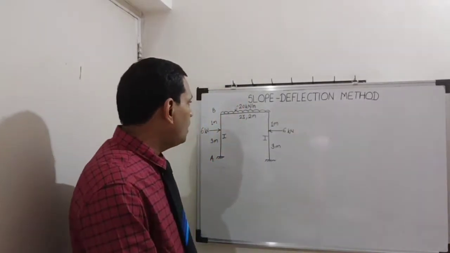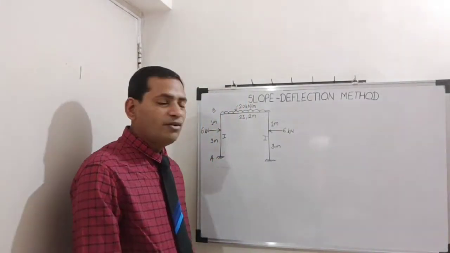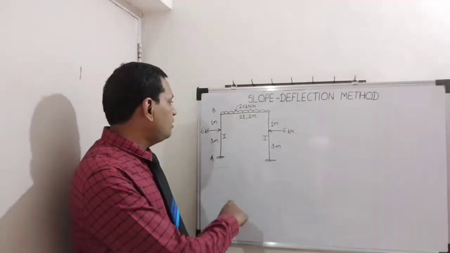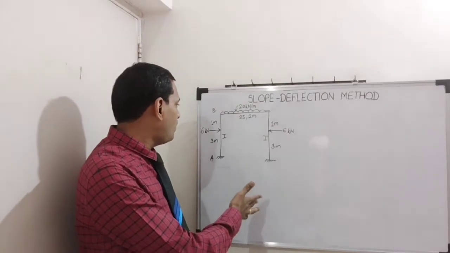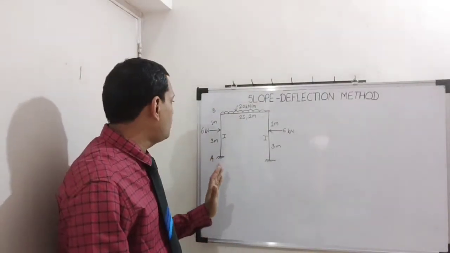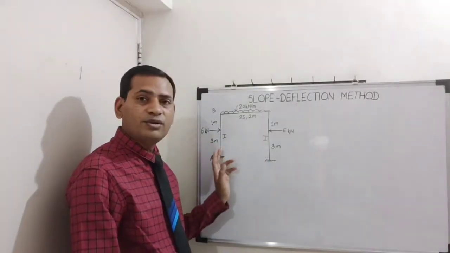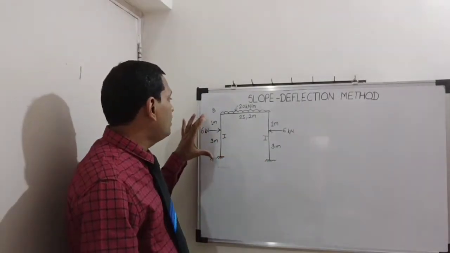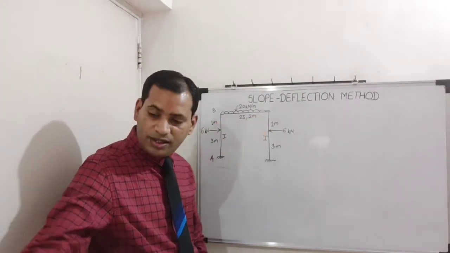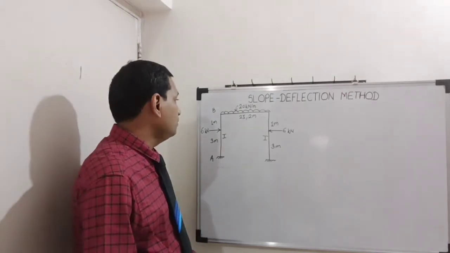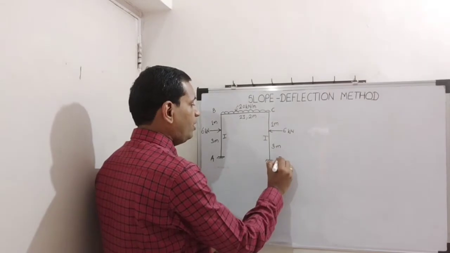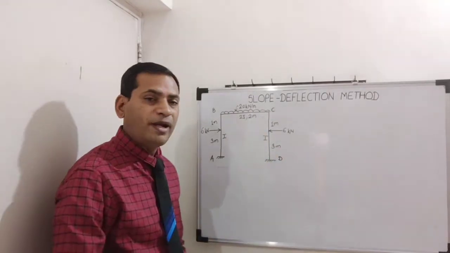Here we can see this particular frame. If you see the details, this is a single bay single story frame with AB and CD both columns subjected to a 6 kilonewton point load, which is an eccentric point load, and beam BC is subjected to a UDL of 20 kilonewton per meter throughout the span.